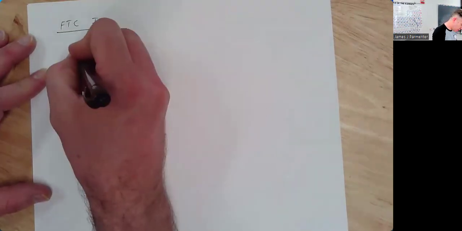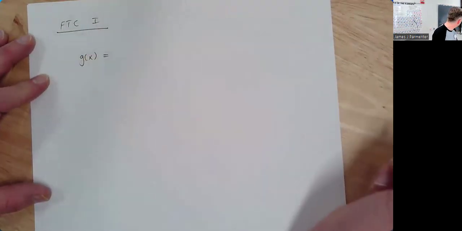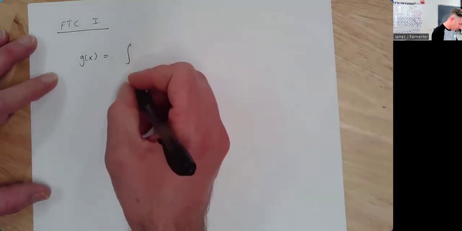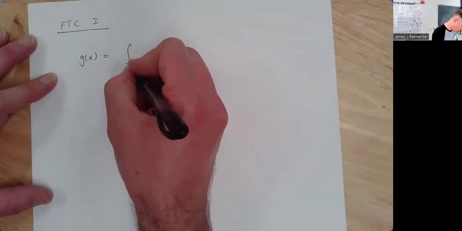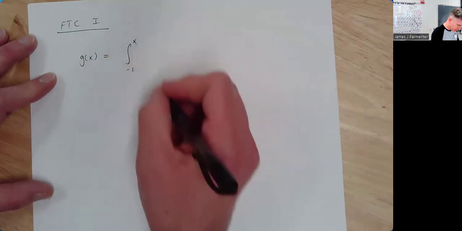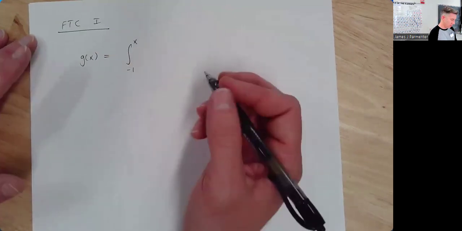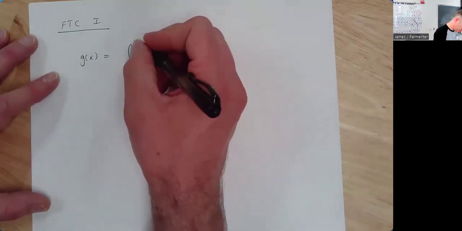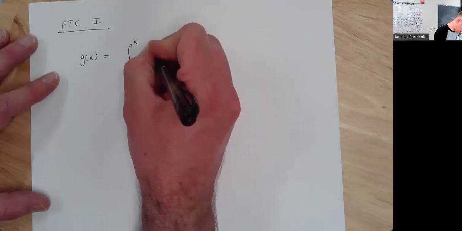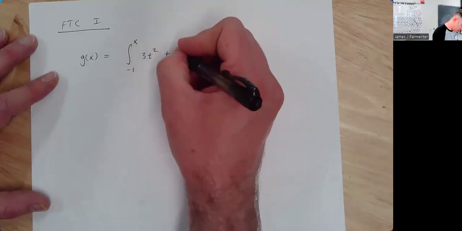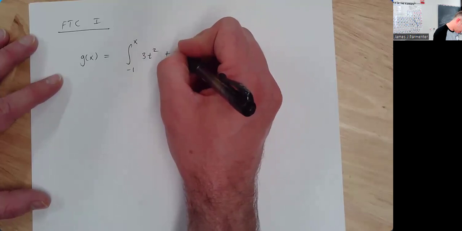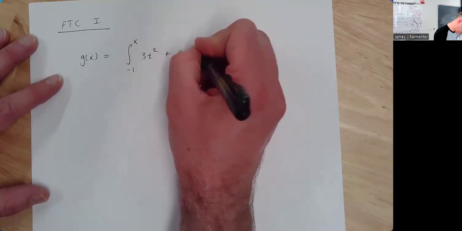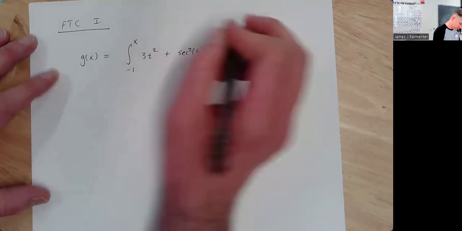say g of x equal to the integral from -1 to x of 3t squared plus secant squared of t, dt.